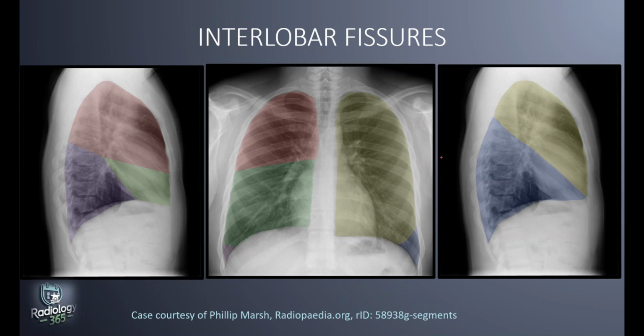Now, if you look at the way the fissure is oriented, it tells us that a large chunk of the left lower lobe is actually very high up in the chest, and a large chunk of the right upper lobe is actually very low down in the chest. So if you look at the PA image, you can see that there's a lot of overlap going on.